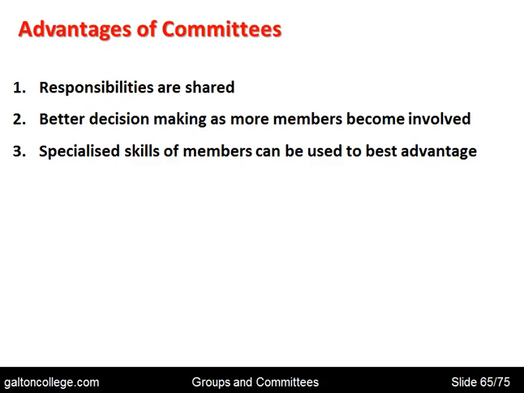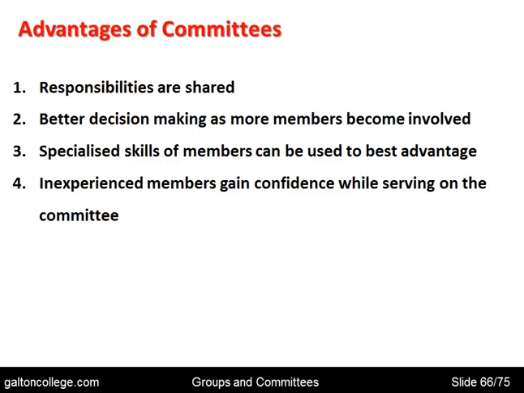It may have outside expertise brought in, consultants. So it could be very specialized, and it could be that the decisions of the committee are the best way forward.